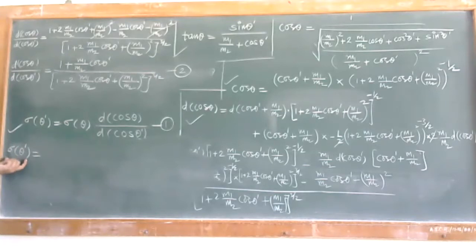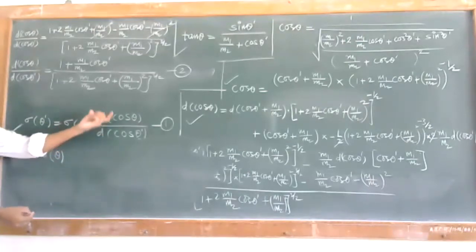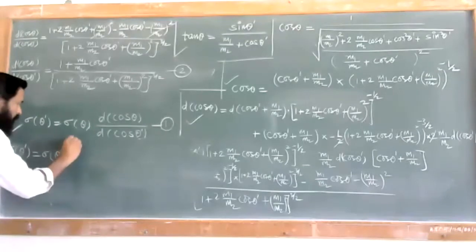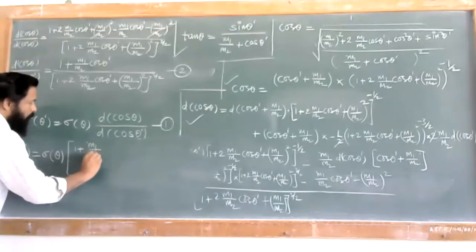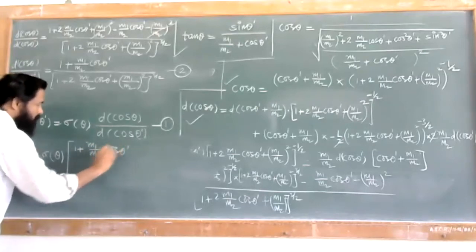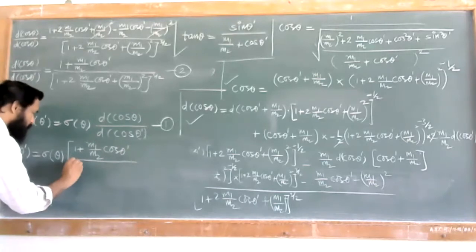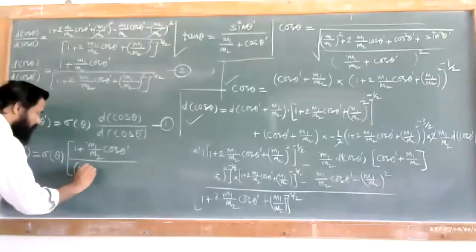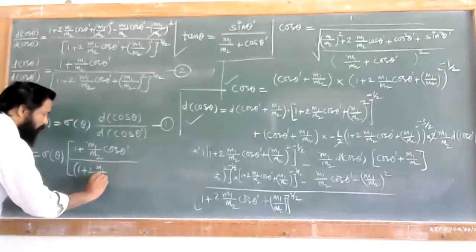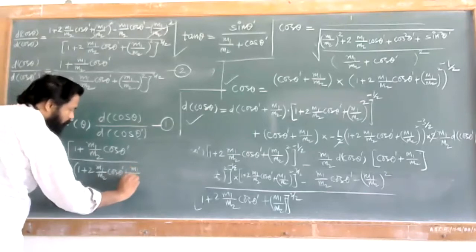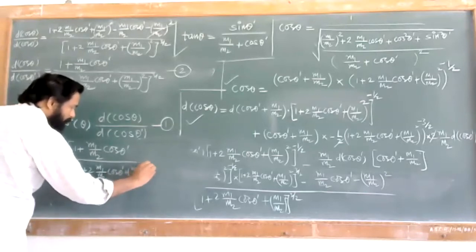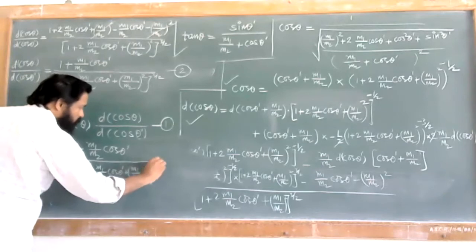That is the differential cross section in center of mass frame, which is equal to the differential cross section in your laboratory frame, and that is equal to 1 plus this m1 upon m2 cos of theta dash divided by the bracket 1 plus twice m1 upon m2 into this cos theta dash plus this m1 upon m2 bracket square raised to 3 by 2.